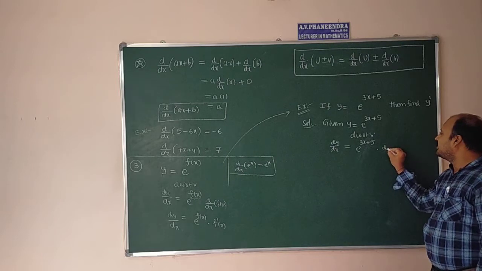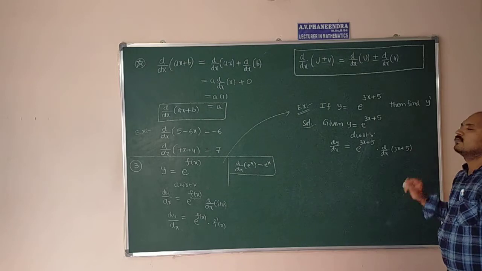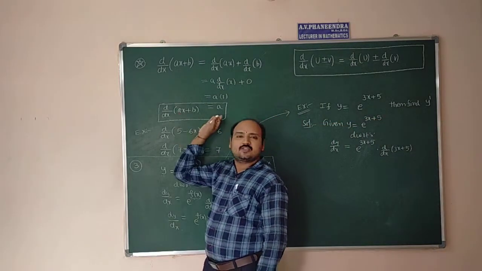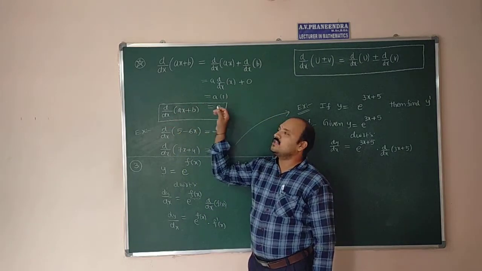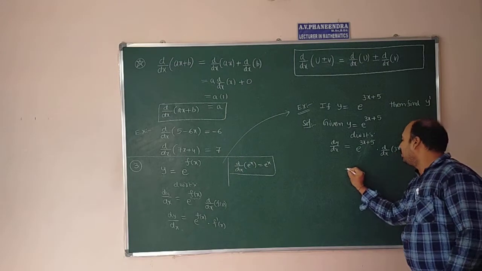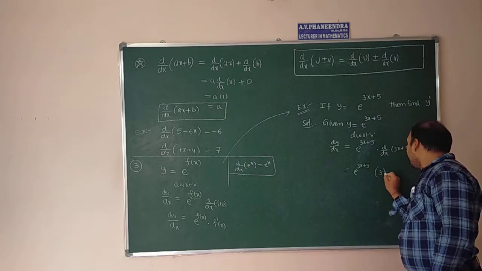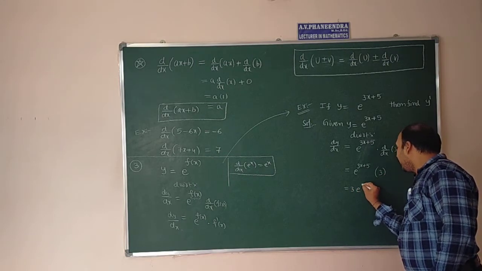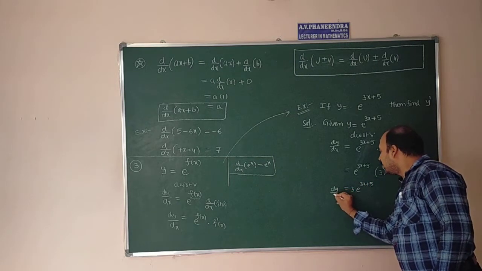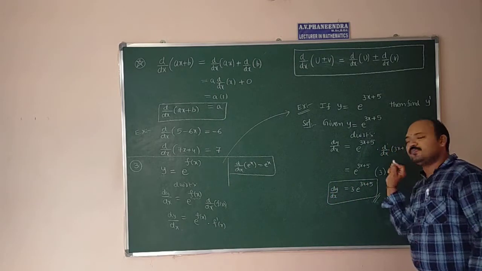We have to differentiate 3x plus 5. d by dx of 3x plus 5 is in the form d by dx of ax plus b, so whatever the x coefficient is, that is the answer. So d by dx of 3x plus 5 is 3. So e power 3x plus 5 into 3, which can be written as 3 into e power 3x plus 5. So dy by dx is equal to 3 into e power 3x plus 5.